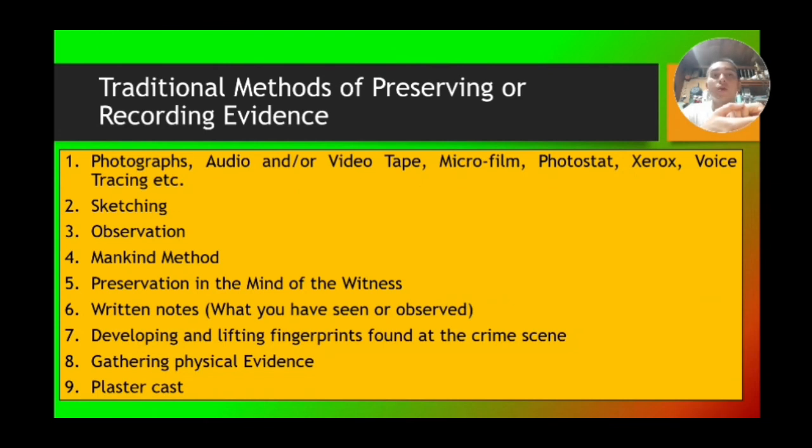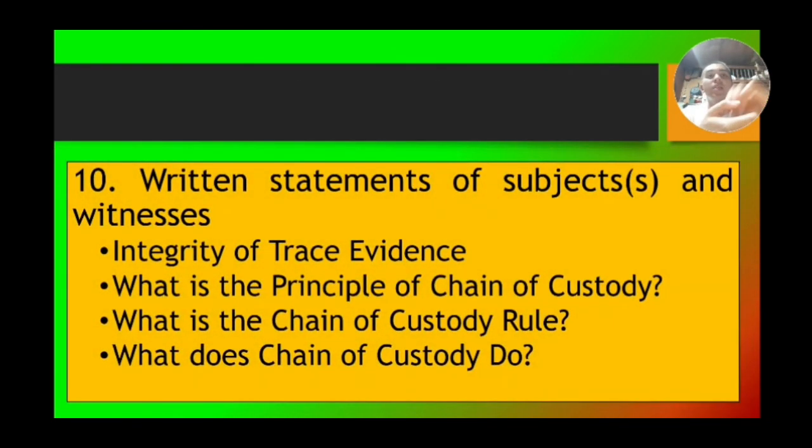Sixth is written notes of what you have seen or what you have observed. Seventh is developing and lifting fingerprints found at the crime scene. Eighth, gathering physical evidence. Ninth, plaster cast. And lastly, the tenth is written statement of subjects and witnesses.